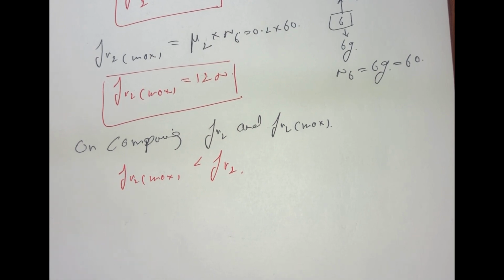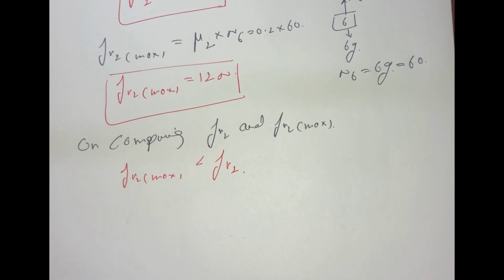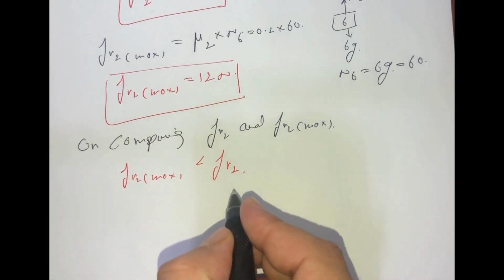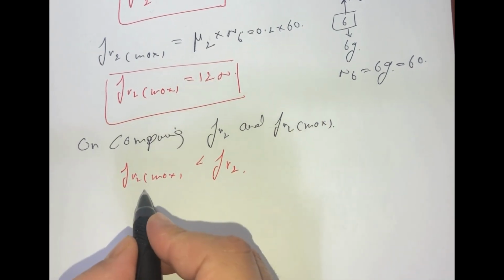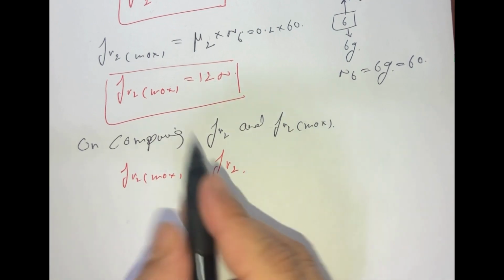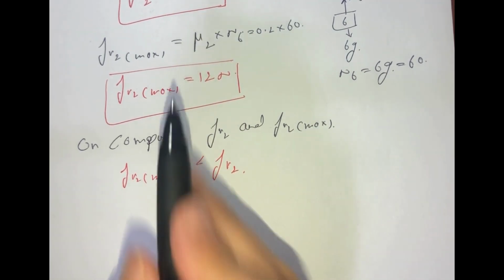So we can say that the available value of the friction is less than the friction force which is being generated by the acceleration A.